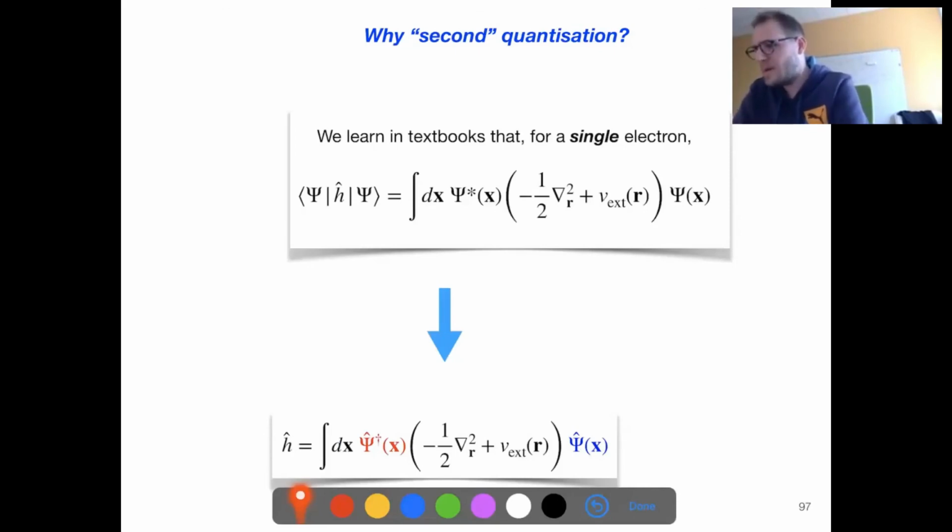In this box here, I'm talking about an expectation value for a single electron. So this is a number, okay? Here I'm talking about an operator. It's funny that somehow this is an expectation value for an energy, this is the Hamilton operator, but you can write them exactly the same way. It looks as if you had transformed the wave function into an operator. But this is just a formal analogy, nothing more.